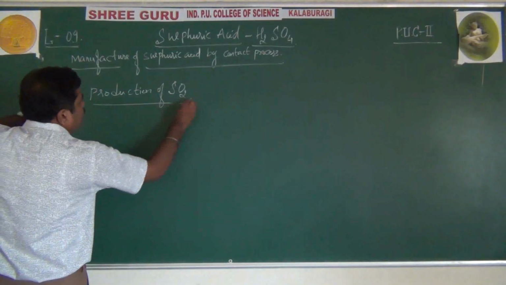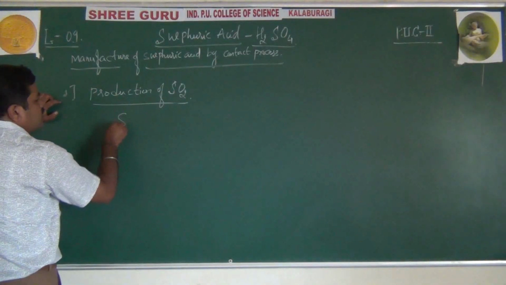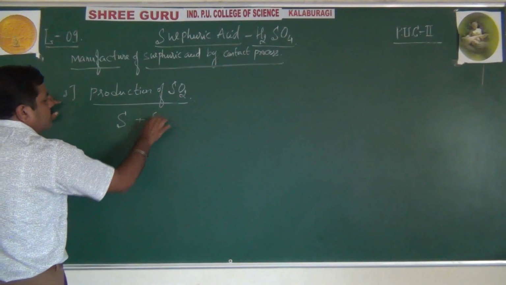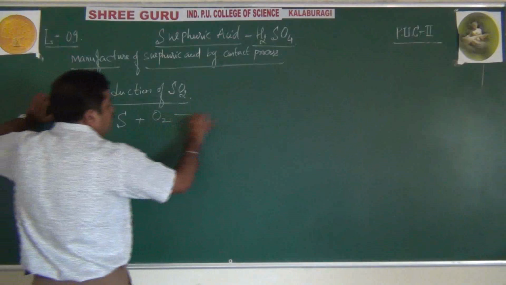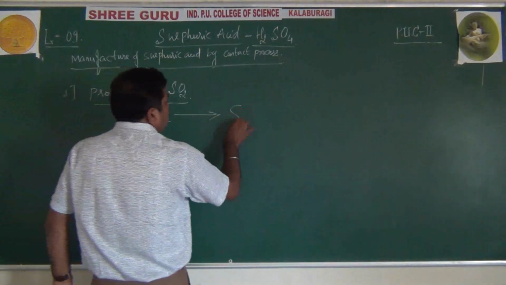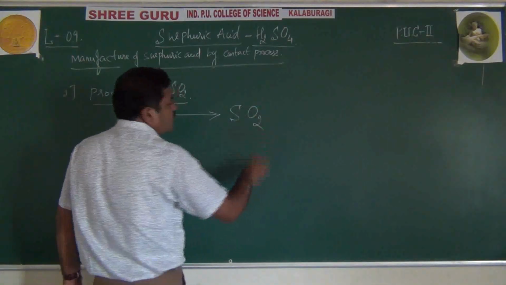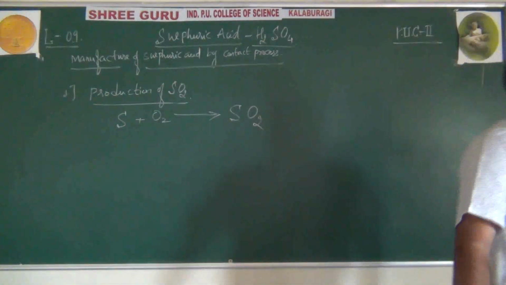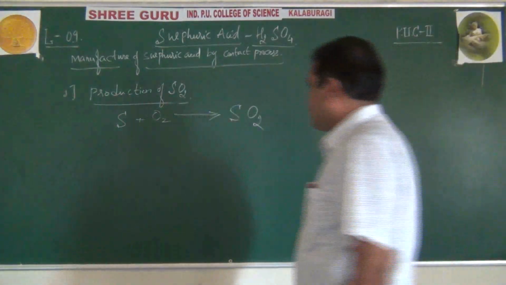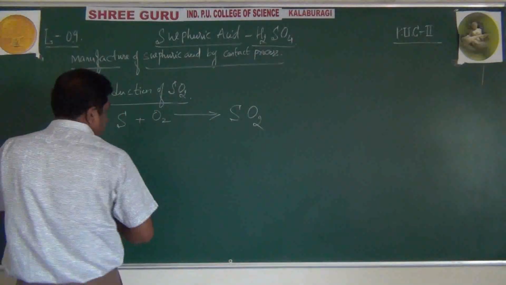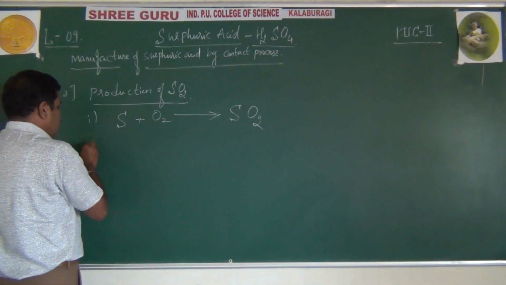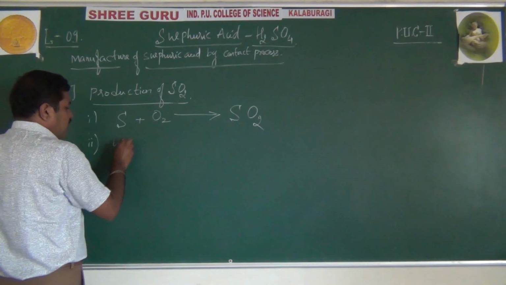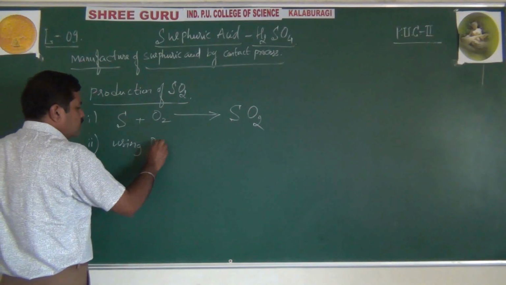I already told you, this sulfur dioxide is formed by combustion. By combustion we can get sulfur dioxide gas, by direct combustion of sulfur. Not only this, using the pyrite burners.